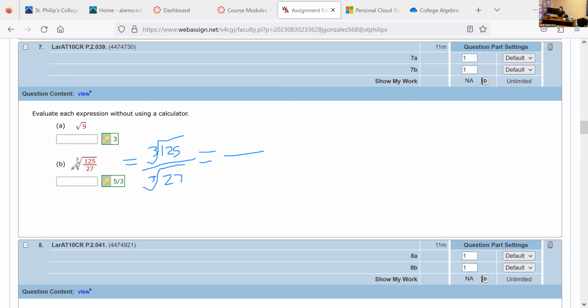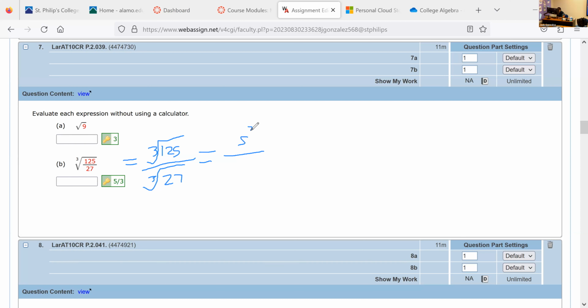Are you guys not comfortable with cube roots? Yeah, look for P2. Yeah, cube root of that is going to be 5.